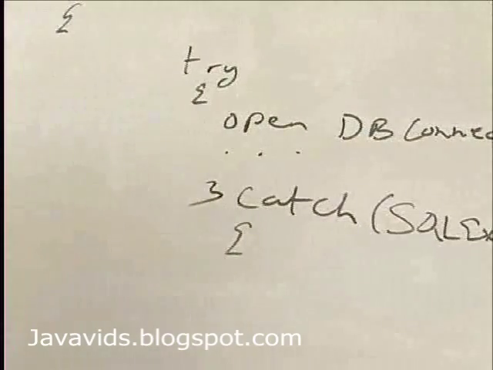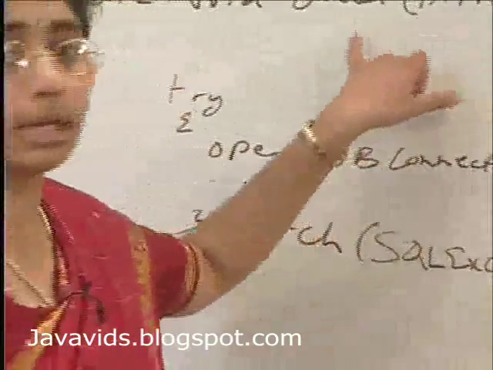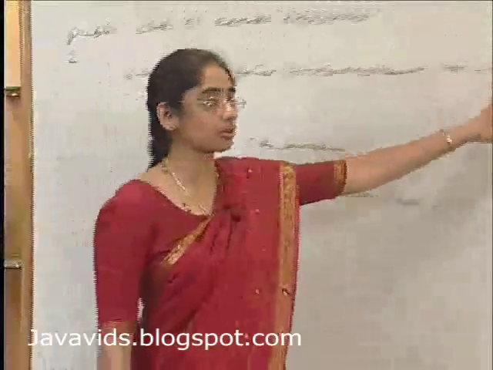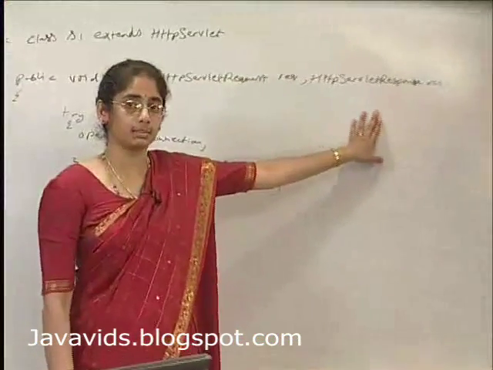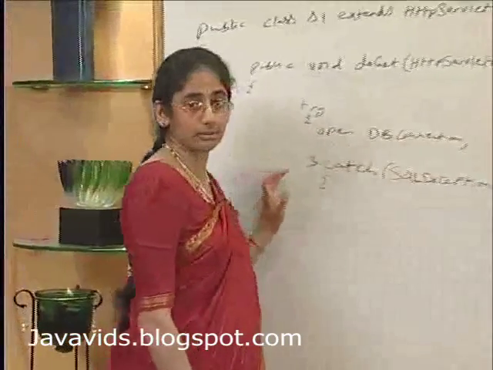Of course, you cannot use throws SQLException here because the signature of doGet or the doPost is to use throws of IOException and ServletException. So you have to have a try catch to handle it.